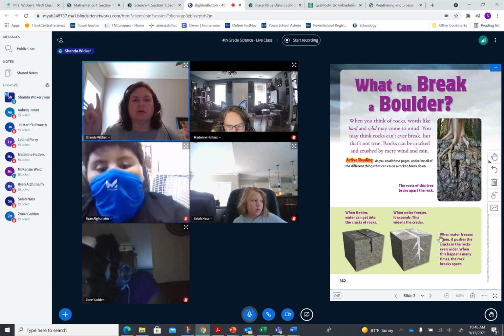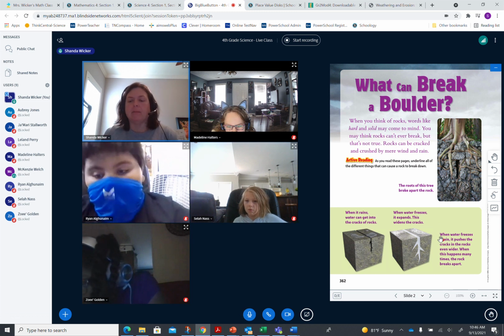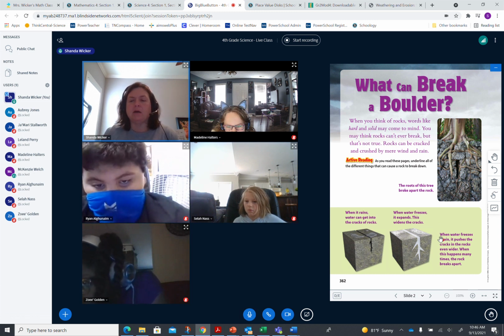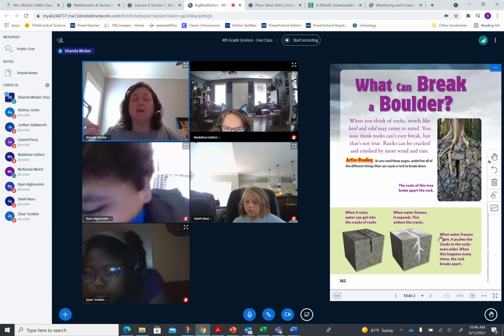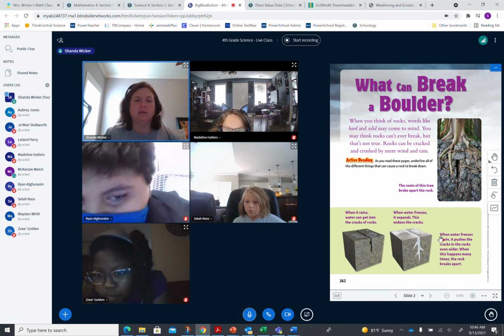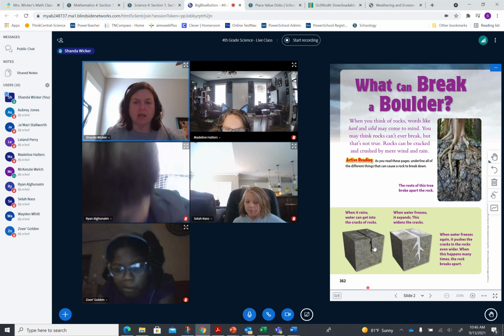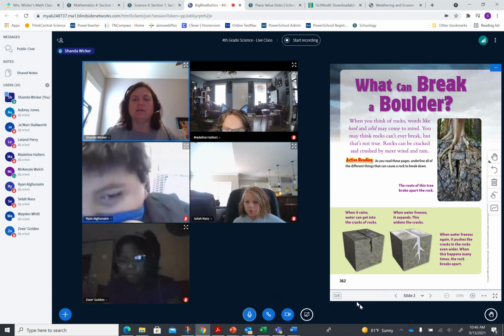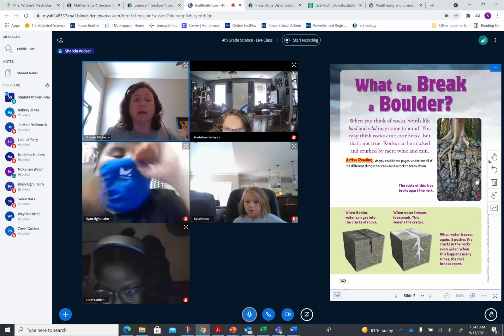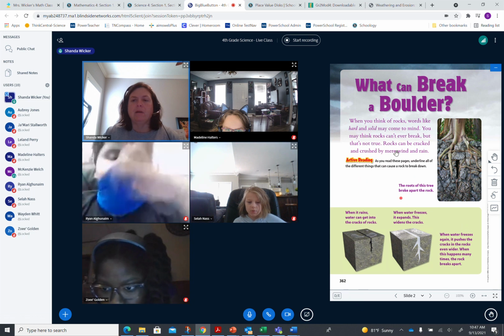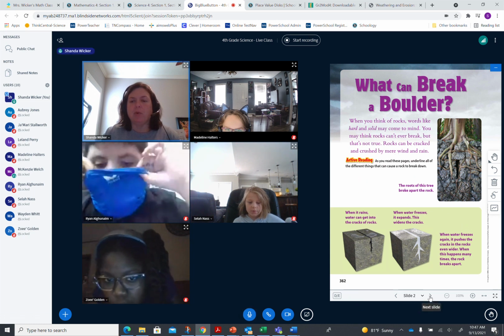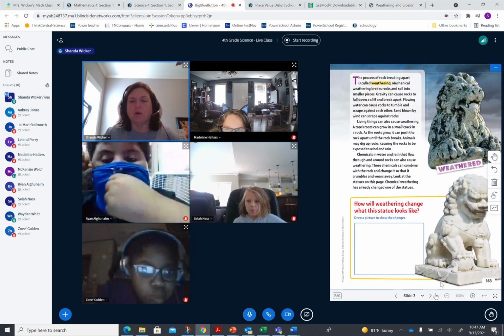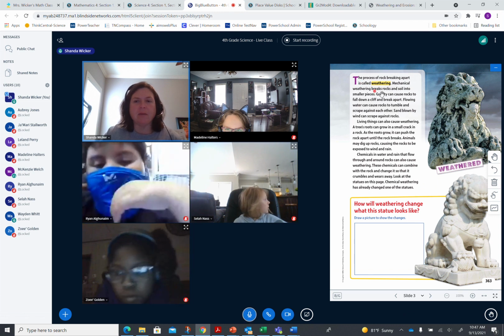I know that something on your exit ticket today is going to talk about what things can cause erosion, and then what can cause weathering. So let's scroll through our book and look for some of these vocabulary words.